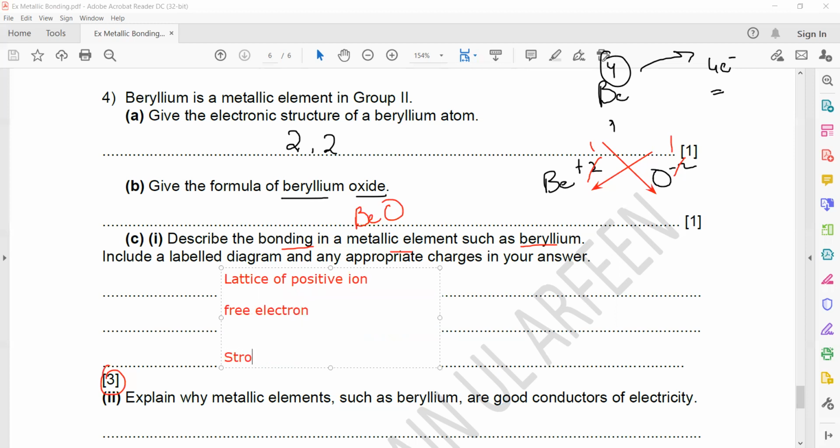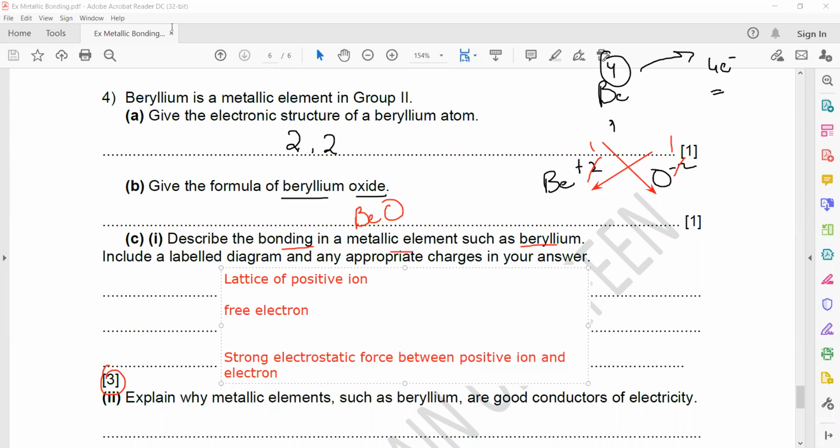You have to use the term strong electrostatic force between positive ions and electrons. So these are the 3 points you should include in your answer.